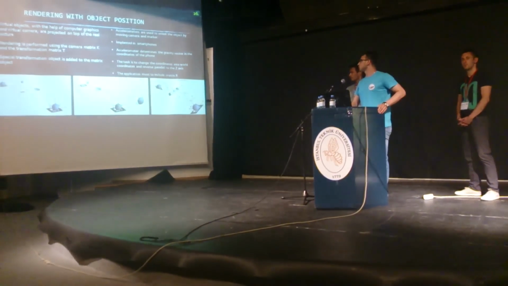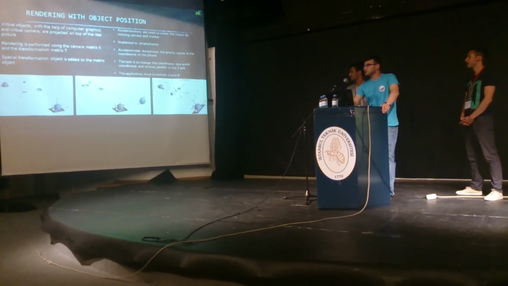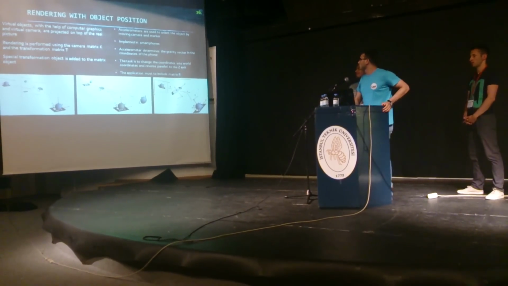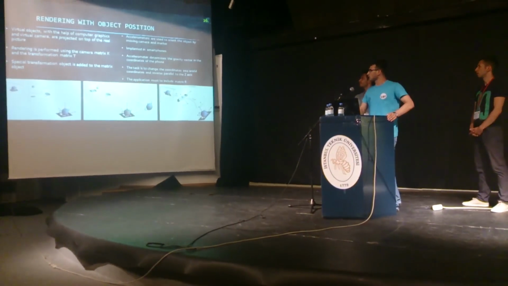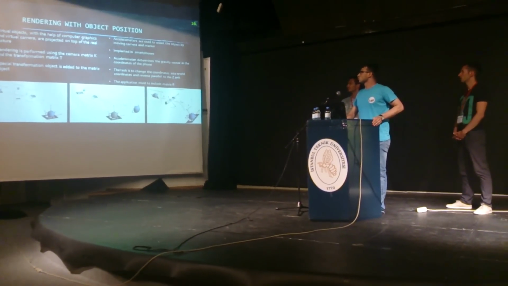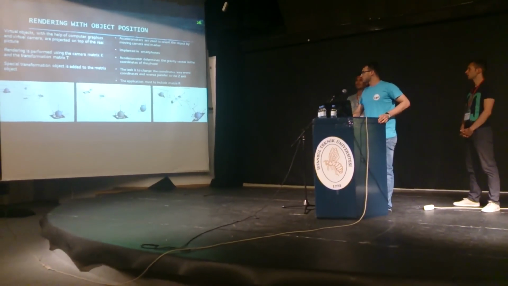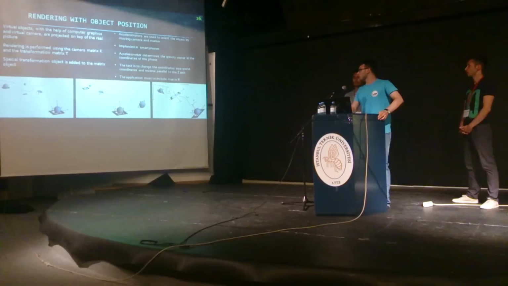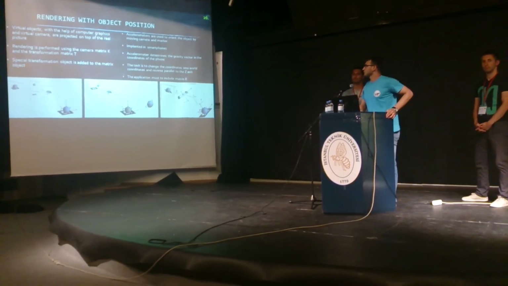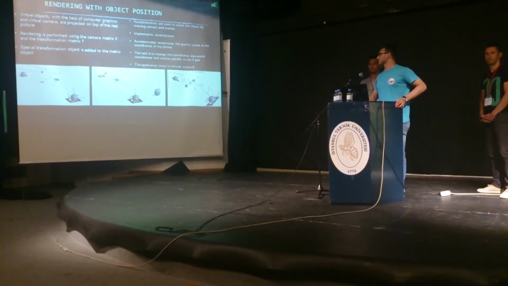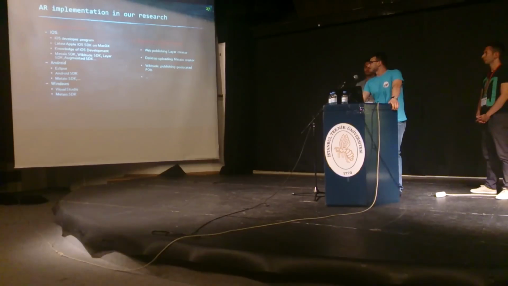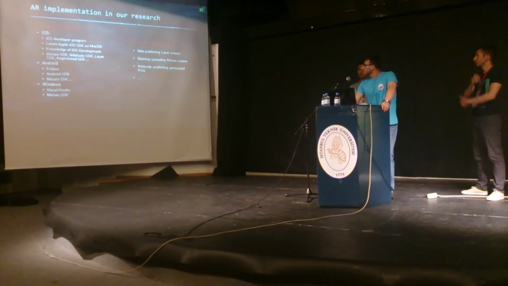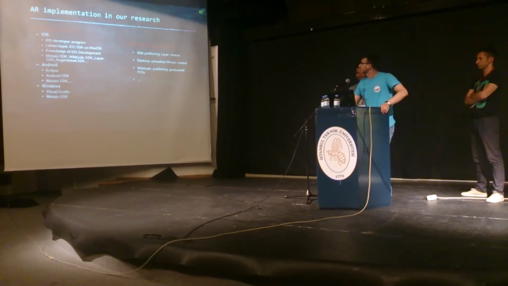Every 3D model has its own orientation, and we want to make sure that the 3D model is rotated as well as our marker. So we multiply the matrix, which consists of the parameters of the 3D model, and we get the exact orientation of the 3D model.